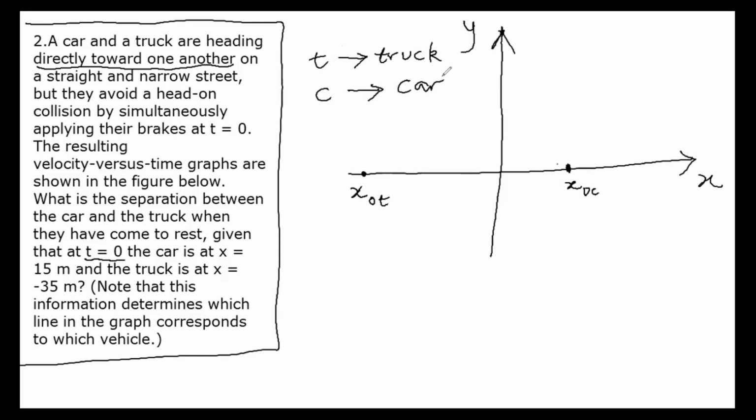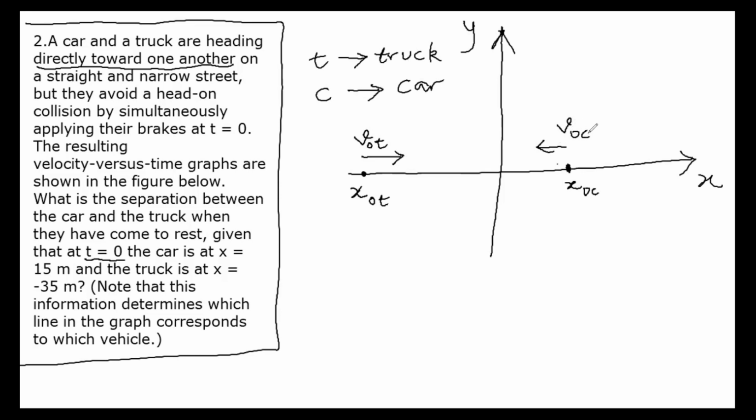Okay, since the car and the truck are headed directly towards each other, it simply means that the truck is moving in this direction, and I'll call this the initial velocity of the truck, and the car is moving in this direction, and I'll call this the initial velocity of the car.